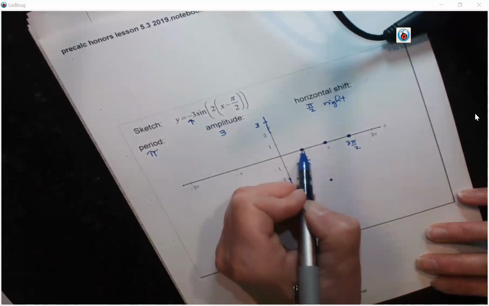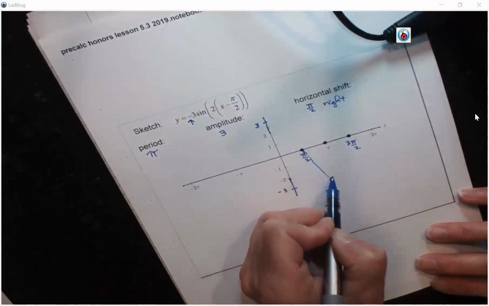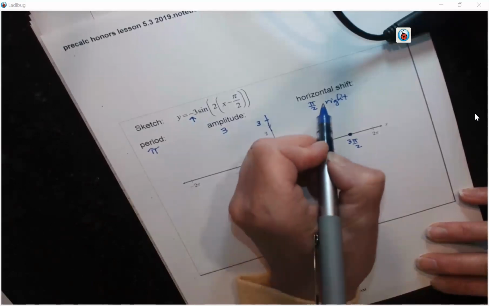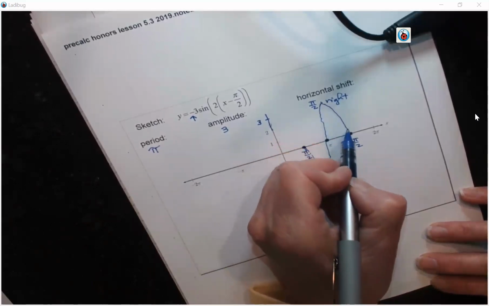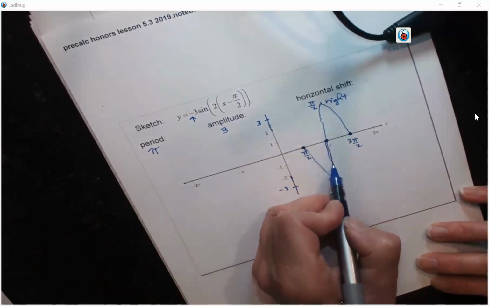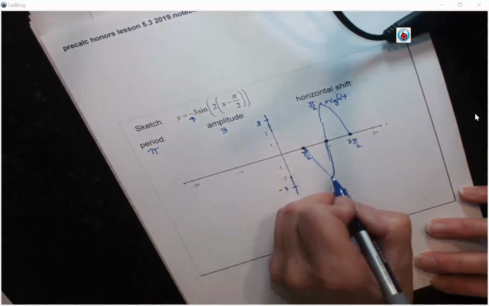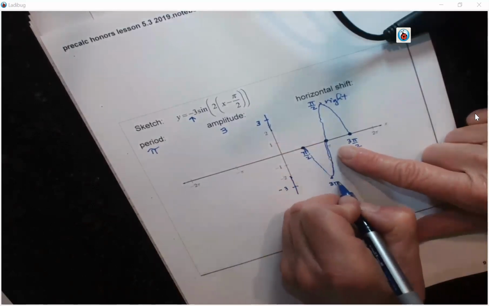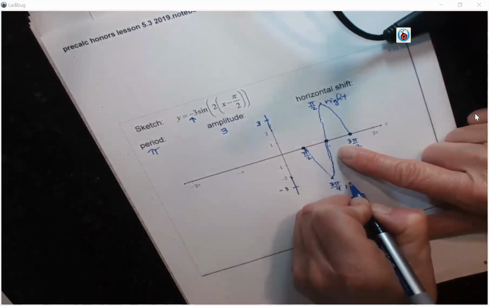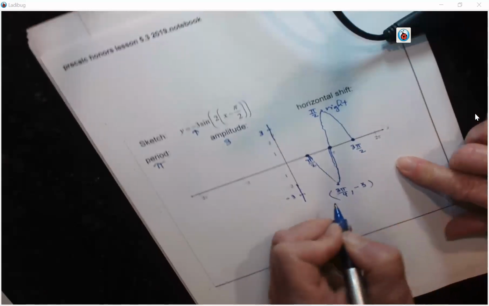Let me see if I can get this drawn reasonably well. So something like that. Okay, halfway between pi over 2 and pi is 3 pi over 4, and the y-coordinate there is -3.